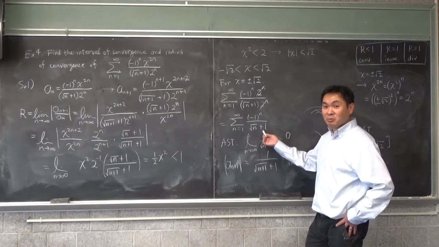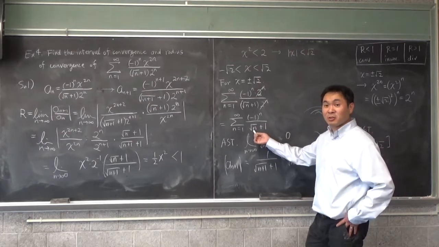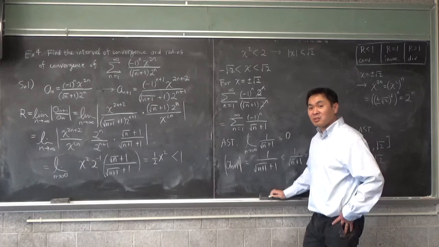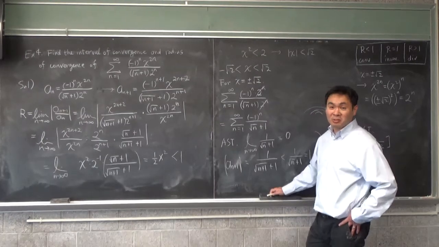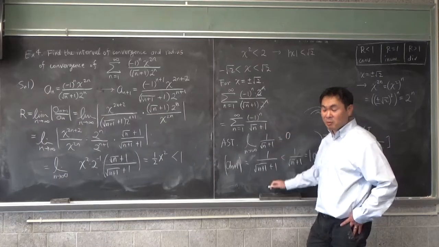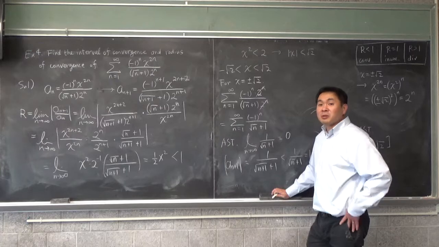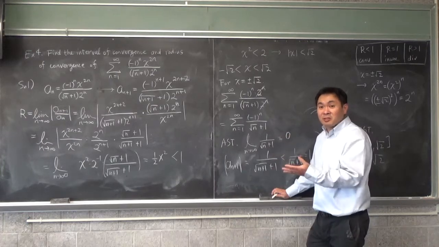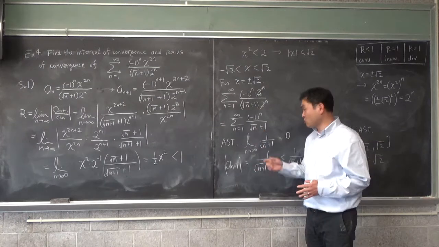This doesn't converge absolutely because this is like the p series with p equals 1/2. You can use limit comparison with respect to 1 over square root of n to show that the absolute value does not converge when you add them up. But if your absolute value converges, then this thing converges without having to check individual cases.